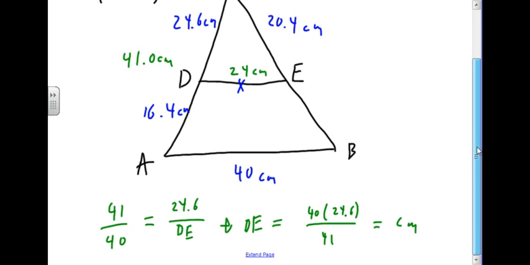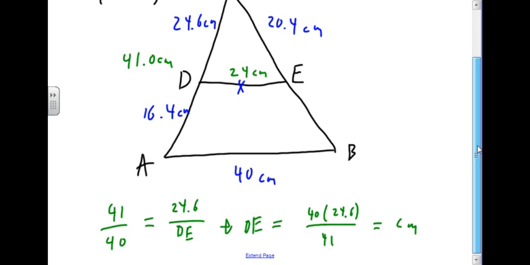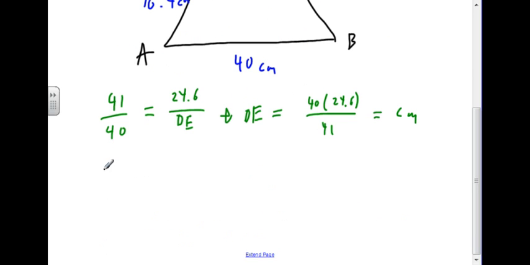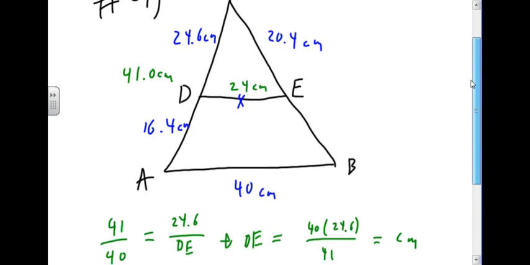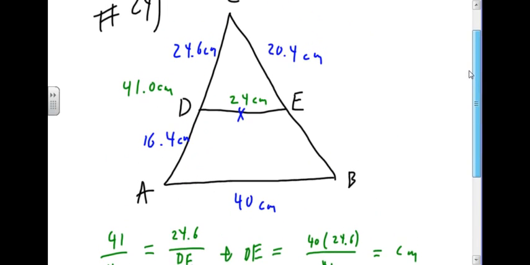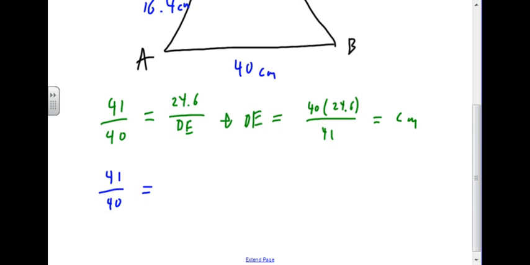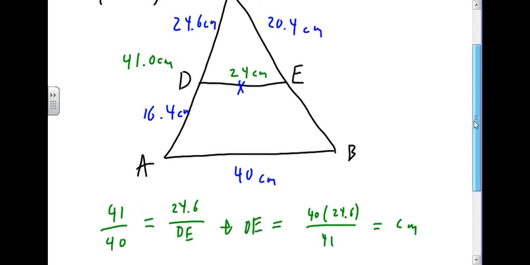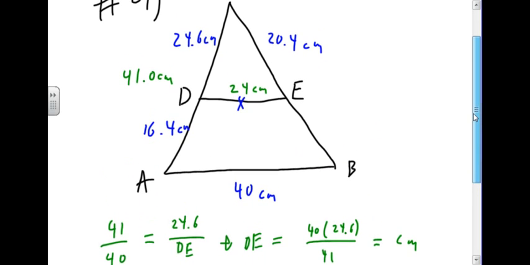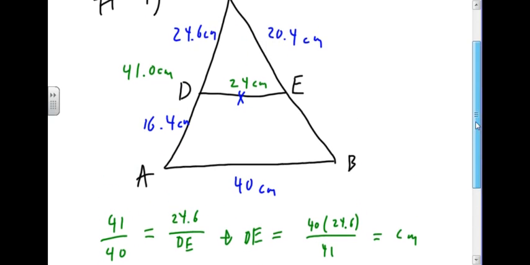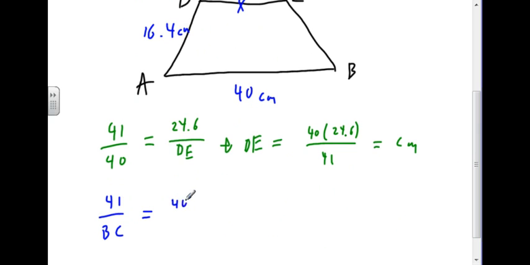Okay, so I'm going to do the same thing. 41 is to BC as 40 is to 24.